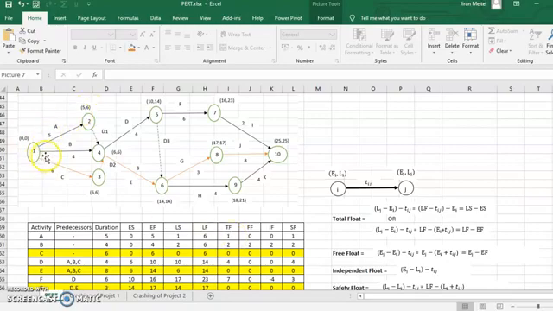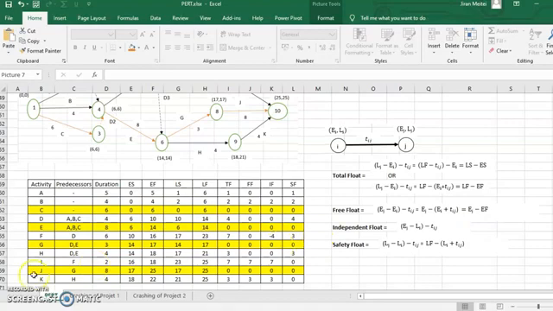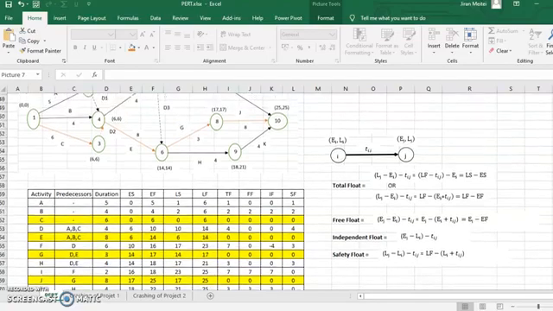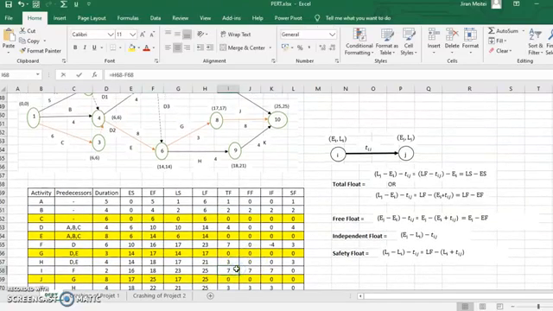Now for activity B, your LJ is 6, EI is 0, 6 minus 0 is 6, minus 4, which is 2. Let's do it for another activity, say activity I. Activity I is here. What are the values? Let me do it here.